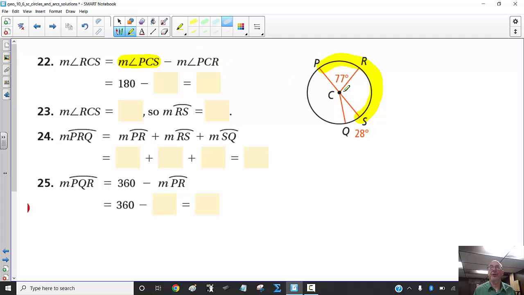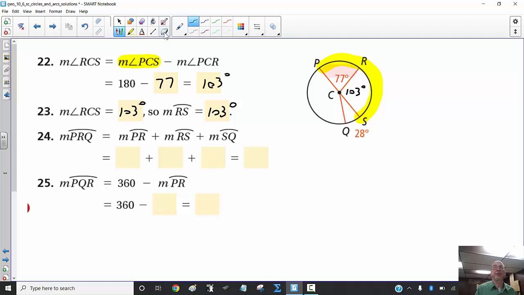Minus PCR gives you this remaining piece, the RCS. So it's this semicircle minus this minor arc, which leaves you 103 degrees. So RCS equals 103, right? RS is obviously equal to the central angle, so that's 103 degrees as well.